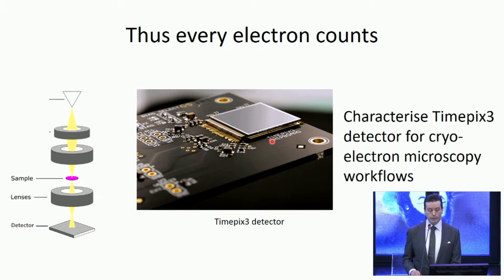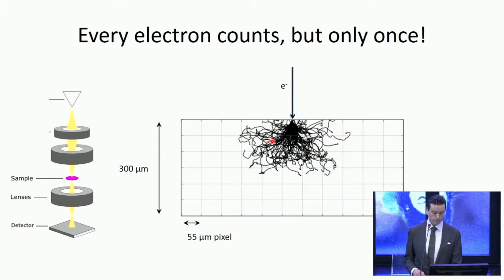We have investigated the Timepix3 as a detector. This is a special detector being used in high-energy physics as well, but we investigated it for use in electron microscopy. So like I said, every electron counts. But the other important thing is that every electron should only count once.